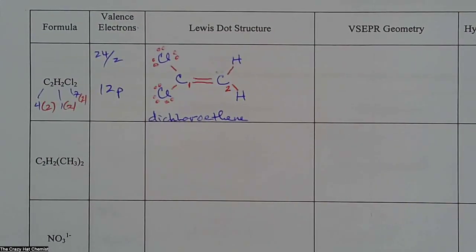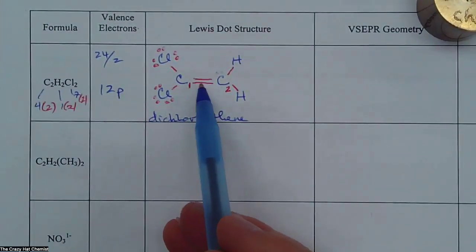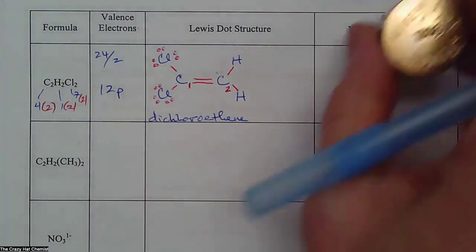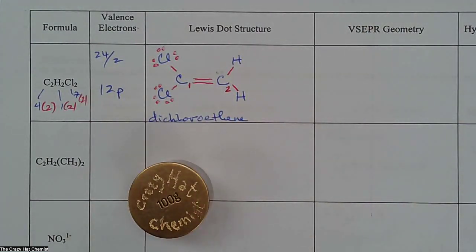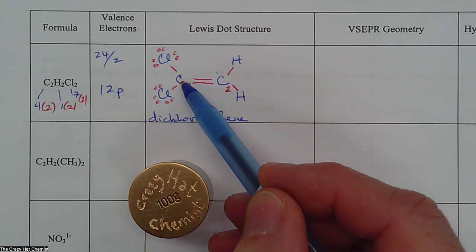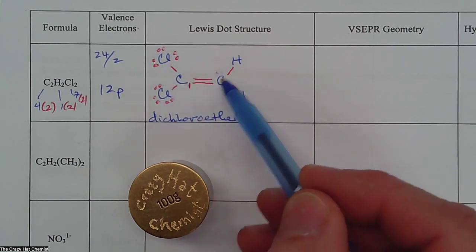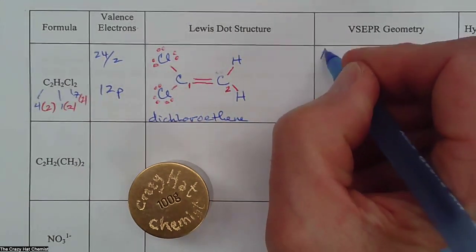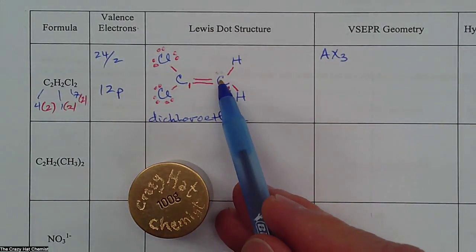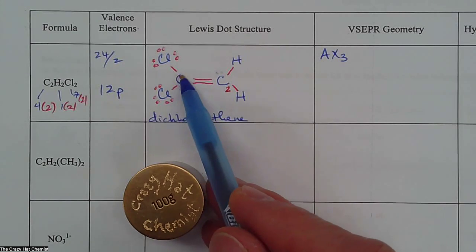Perfect. So that means that carbon 1 and carbon 2 each have their own individual shape, and we're going to write down these individual shapes. At carbon 1, it's AX3. At carbon 2, that's AX3.